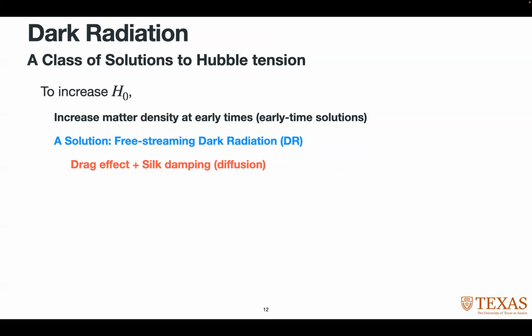And as I said, you can increase the matter density at early times. One simple solution is adding dark radiation at early times. But if the dark radiation is free streaming, there are two problems with this solution.